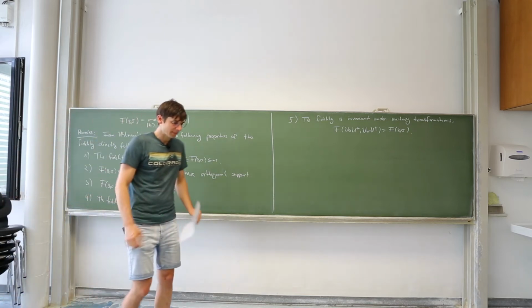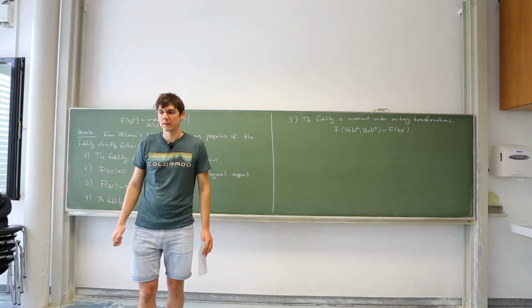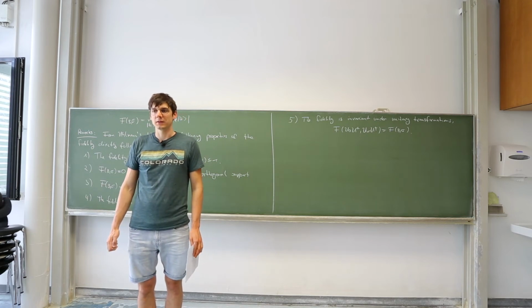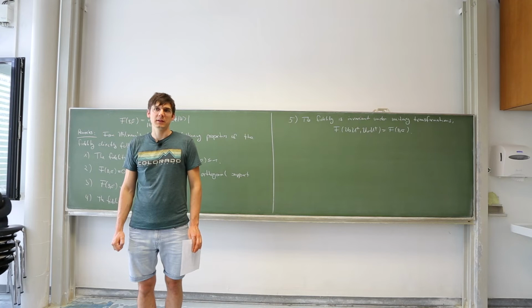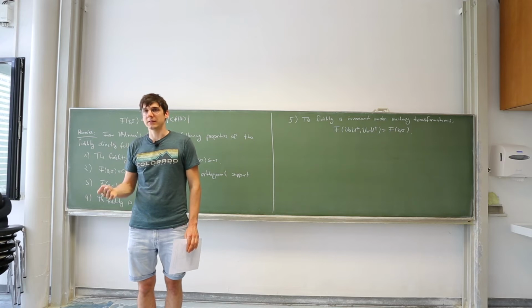Okay, now let us briefly recall what we also learned about the trace distance. So for the trace distance, we stated one interesting theorem which connects the trace distance to the classical trace distance, right?